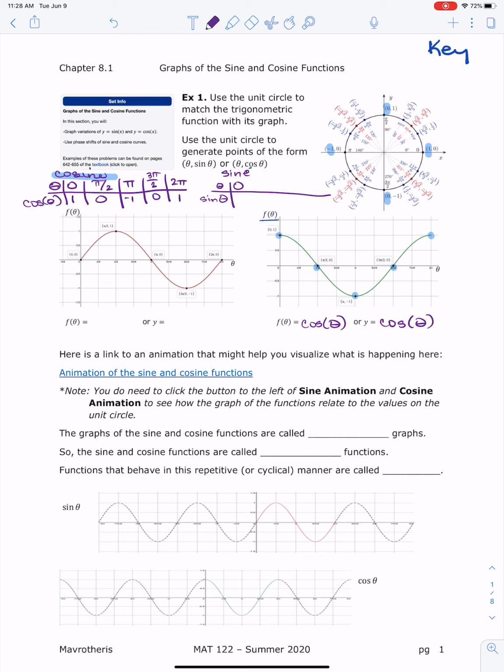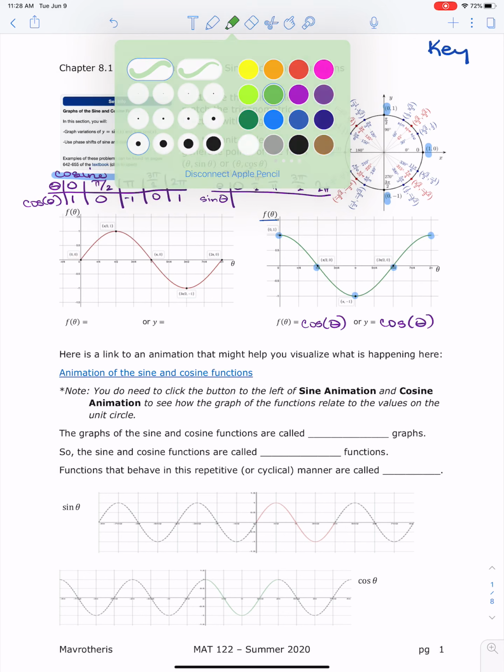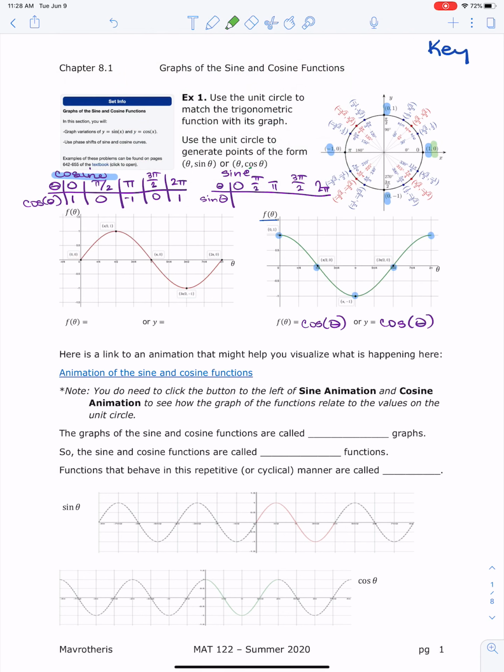I'm going to choose the same angle measures, because these ones are the super easy ones to graph. I'll pick a different color here for sine. Here are those sine values. At 0, the sine is 0. At pi over 2, the sine is 1.